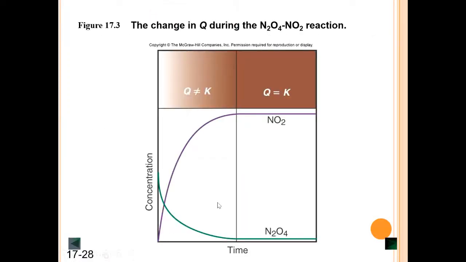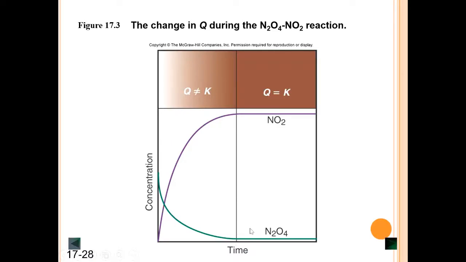Concentration of the product and also reactant can be sampled at any time. If we look at this figure, this is the decomposition reaction of N2O4 to form NO2. So the concentration of NO2 and N2O4 can be sampled at any time. And this is the point when the system has reached equilibrium.